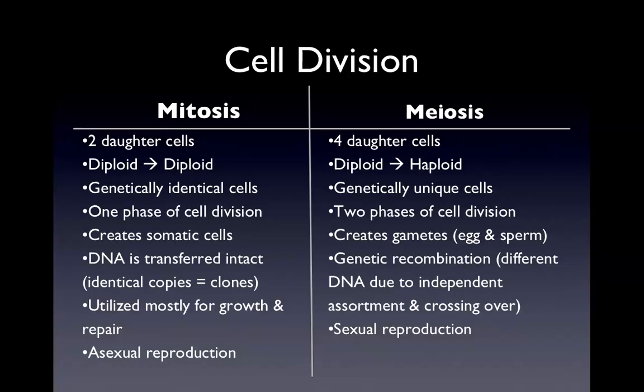We go through the second round of division in meiosis 2, same process in terms of prophase 2, metaphase 2, and so on. But it's those individual chromosomes that line up in metaphase 2 and the sister chromatids then split in anaphase 2 to get us those 4 sex cells at the end.